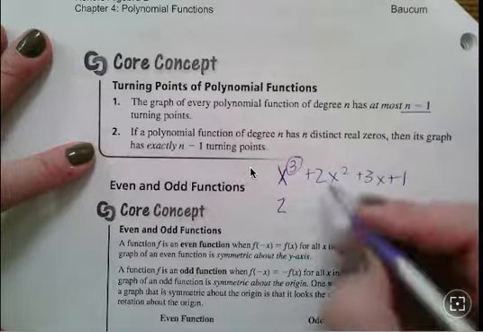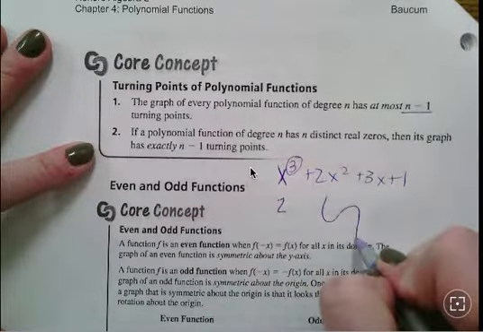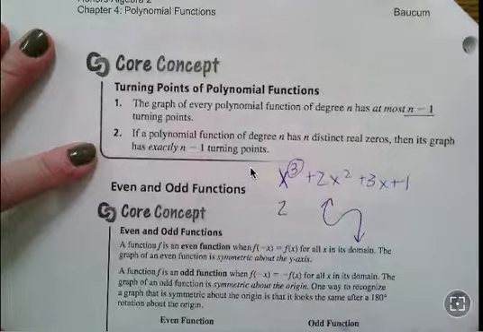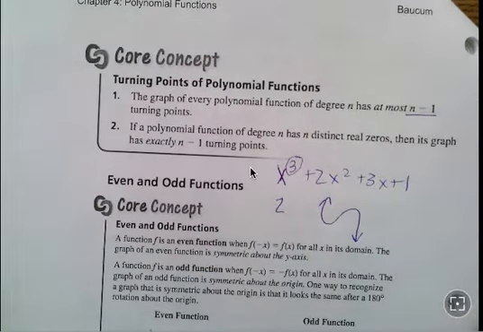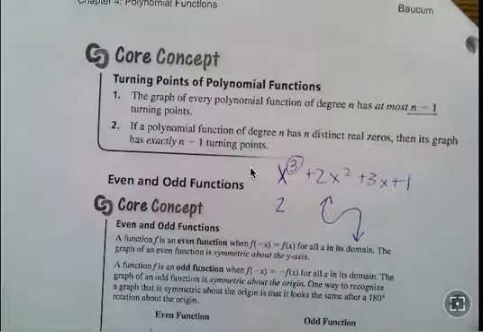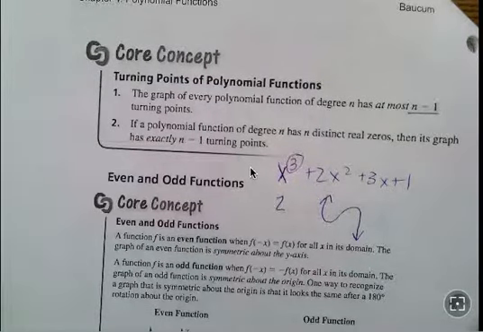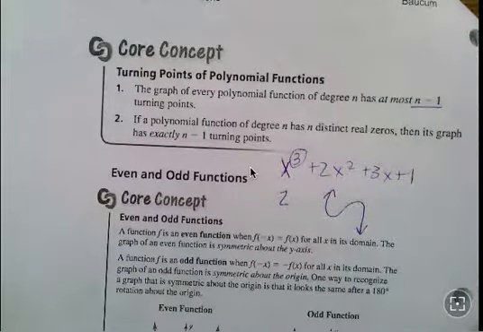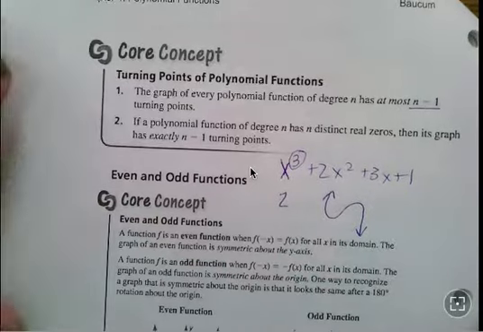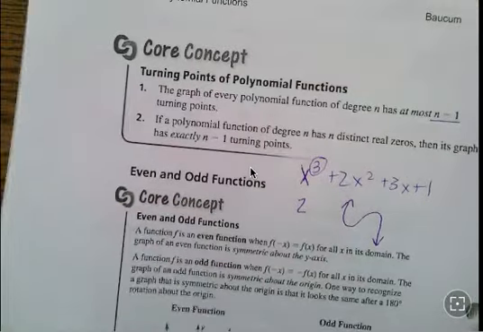That means you might turn around only twice, at most twice. You might only turn around once, because sometimes if you have imaginary zeros, that's going to throw some things off, okay? It's just good information to have. I'm not going to ask you what the turning point of a polynomial function theorem is, okay? Just good information to have, all right?